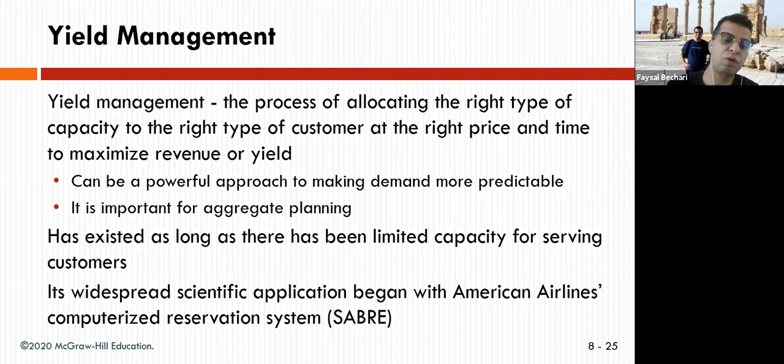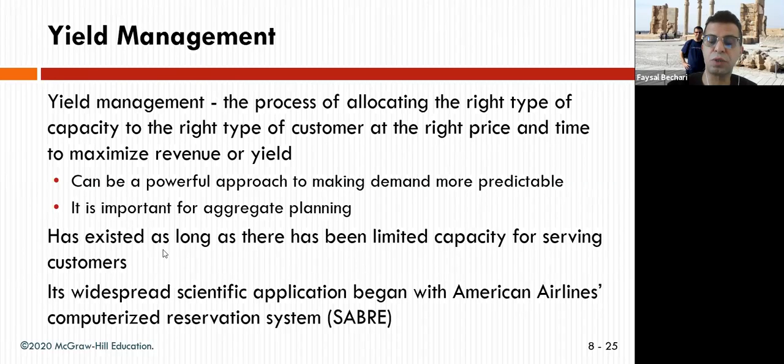So if you can really manage the right level of allocation of capacity for the right customers at the right price and time, then you will be able to really maximize your profit.